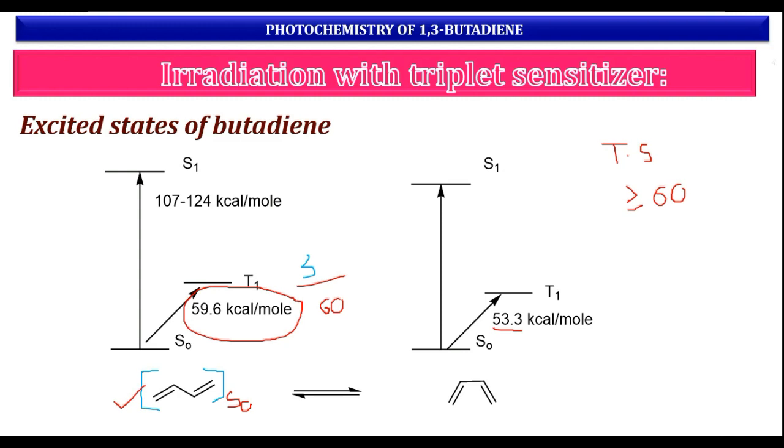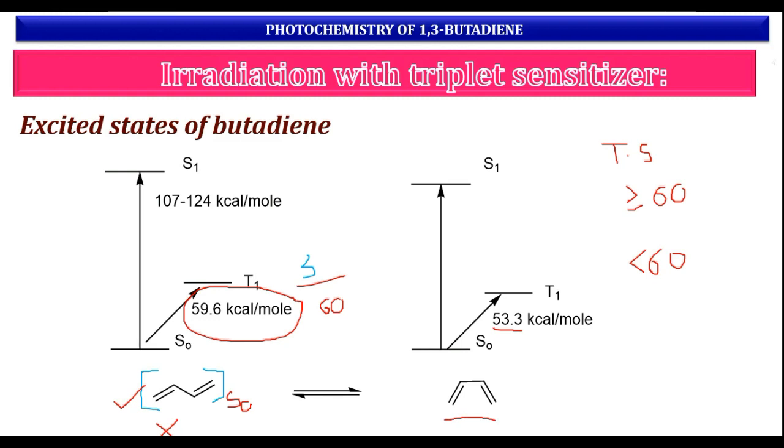Which molecule? S-trans isomer. So when the triplet sensitizer energy is below 60 kilocalorie per mole, the S-trans isomer cannot convert into the triplet excited state. In this case, only the cis isomer undergoes excitation from the ground state to the triplet state.